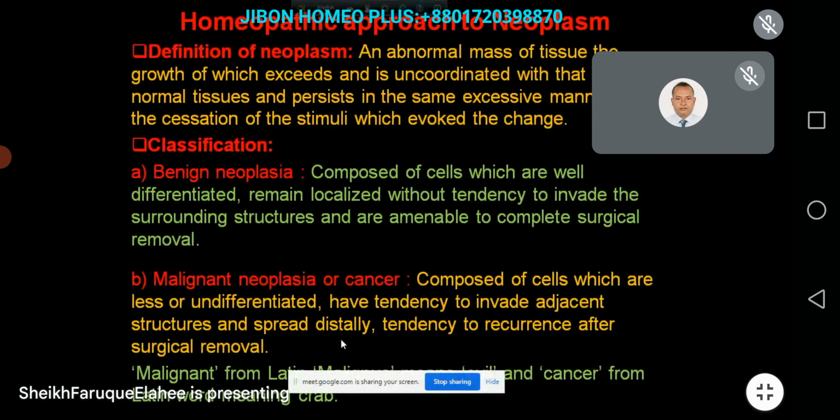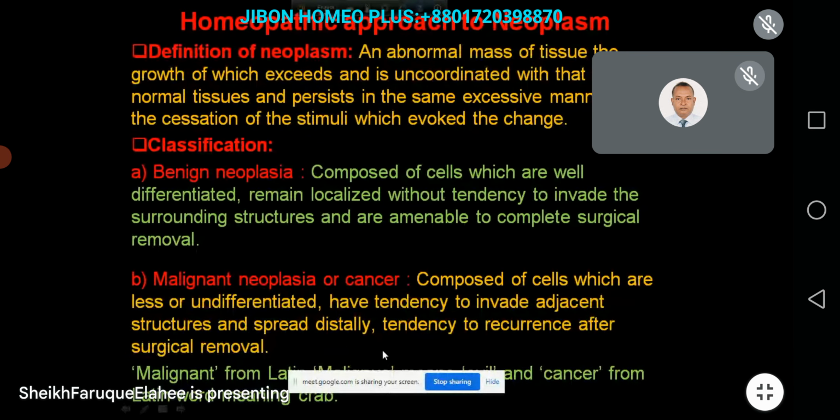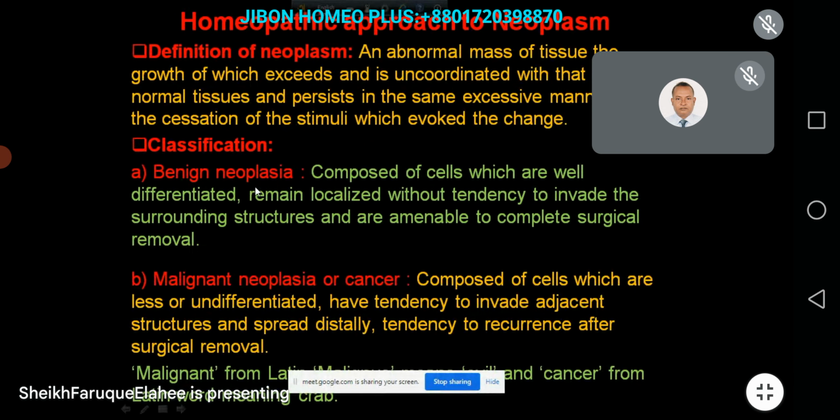It has gone to the brain, it has gone to the bone, it has gone to the liver. But the benign will never do distal spread. And there is a tendency to recurrence after surgical removal. Even if you remove the tumorous mass, there will be more chances of recurrence. So these are the two types of neoplasia. Benign neoplasia is okay, better, it is safe, but malignant neoplasia is unsafe.